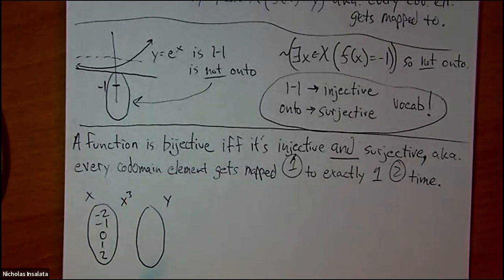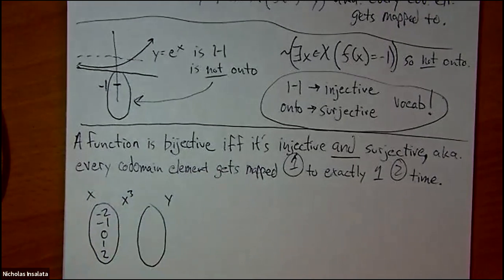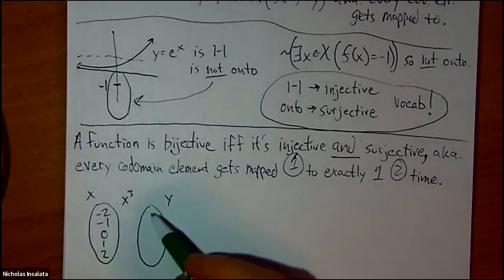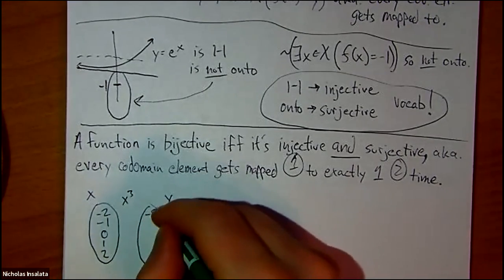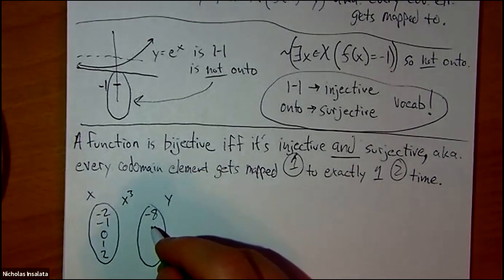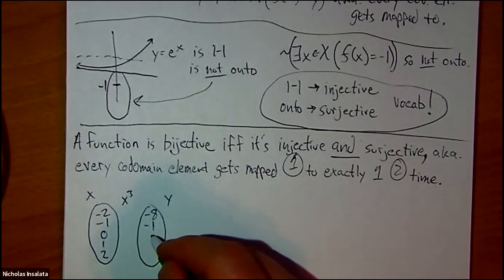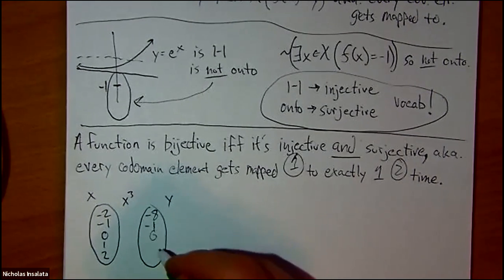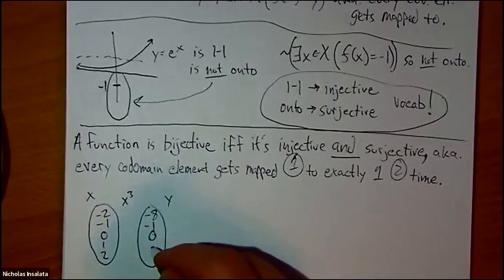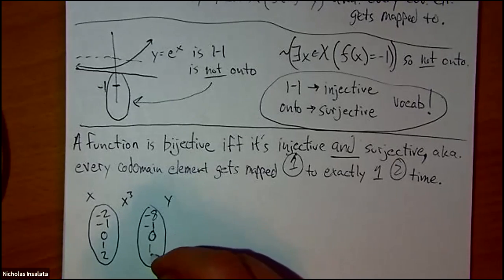Okay, so what's -2 cubed? So what are my answers going to be here? Okay, -8. How about -1 cubed? -1, 0, 0, 1, 1, and 2, 8. Perfect.